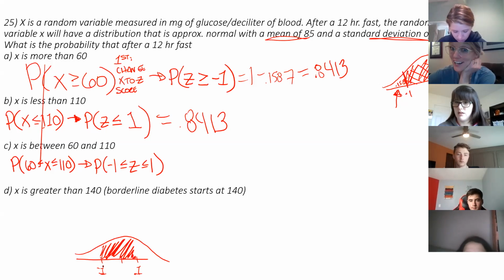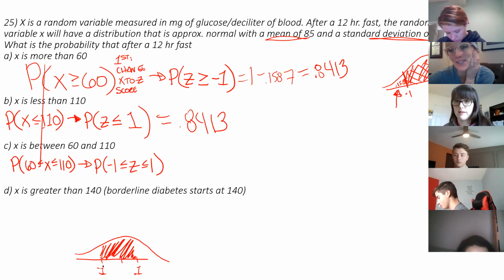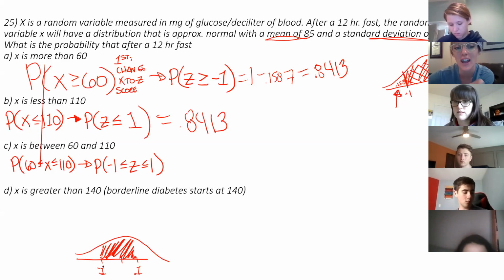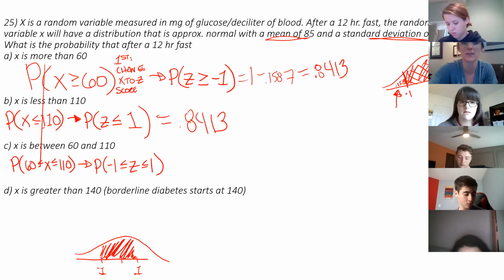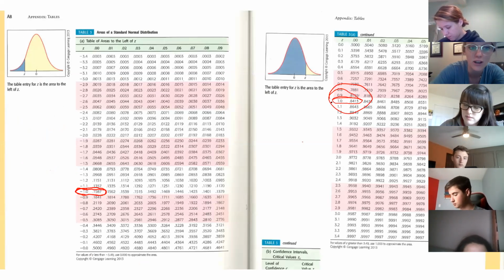That's exactly right. Within one standard deviation of the mean is 68% of the data, which is also the answer you get if you go into the chart and look at -1 and +1 and subtract. You subtract the +1 value, which we just got was 0.8413, so we're going to do 0.8413 minus 0.1587.